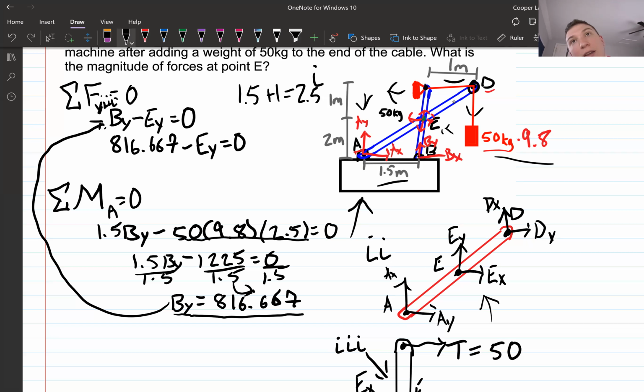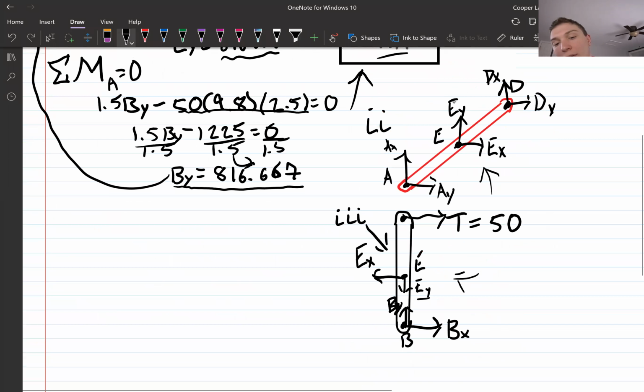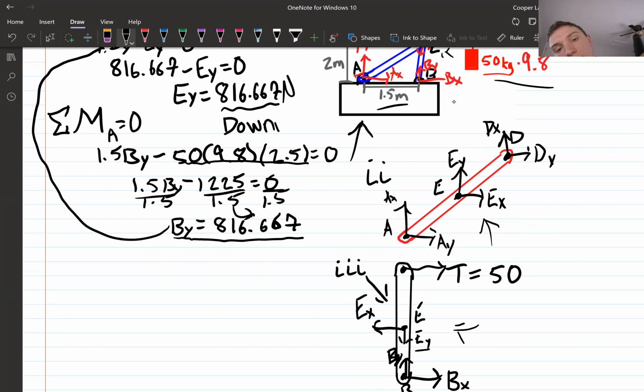This tells me then that E sub y equals 816.667. Now, this is a positive number, which means we properly assumed that in this diagram E sub y was downwards. So that means it's 816.667 newtons downwards.